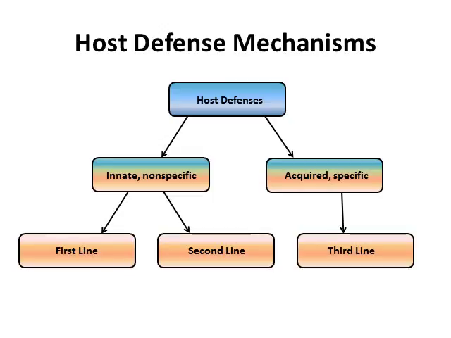Whereas if you look to the right, we have acquired host defense mechanisms that are very specific. These are things that we get over time through experience, and they're for very specific types of pathogens. This is called our third line of defense. So we're going to be looking at these three lines of defense, what's in them, and how they work.